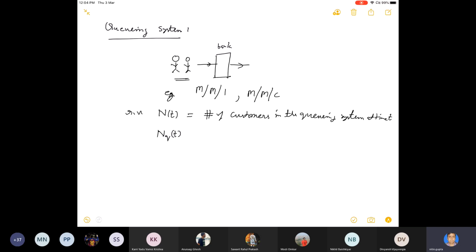NQ(t) is the number of customers in queue in the queuing system at time t.